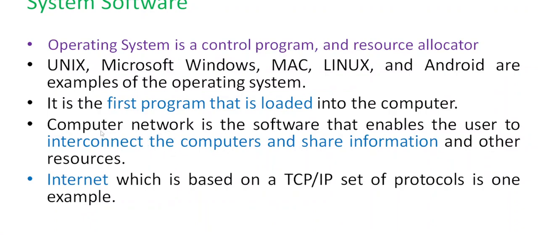Computer network is a general term, whereas internet is one example, which is based on what are called protocols, the TCP/IP protocols. TCP stands for Transmission Control Protocol and IP stands for Internet Protocol. These TCP/IP protocols are actually a set of protocols. These are nothing but the software behind the internet.